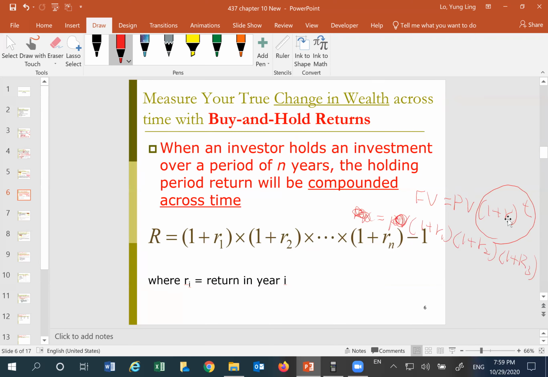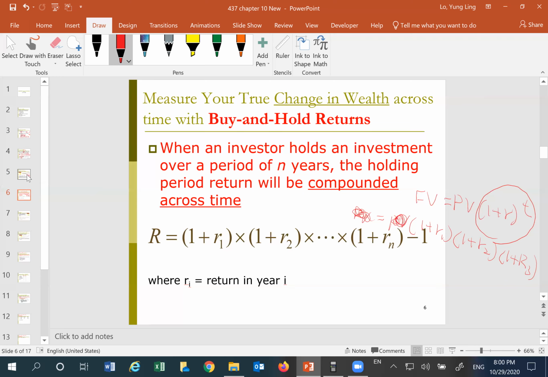So it'll be 1 plus r1 multiplied by 1 plus r2, then multiplied by 1 plus r3 until all of your r's are taken into consideration. Then we're going to minus 1. Why do we minus 1 at the end? Because we added 1 to each one of the r's before we compound the r's across time. So at the end, we must minus 1 to get rid of this 1 that's inside of each parenthesis.